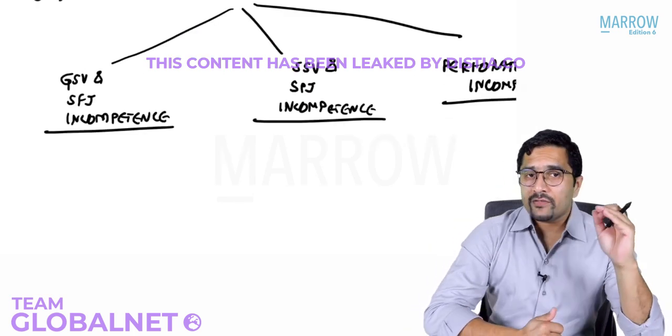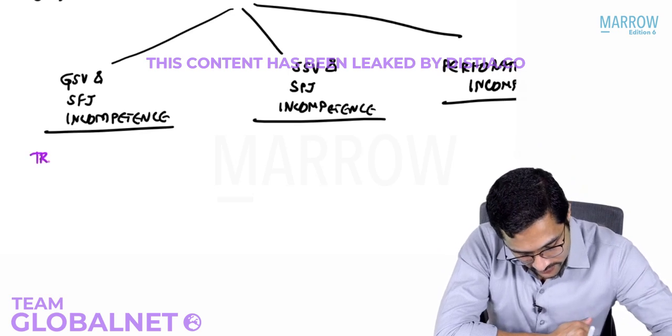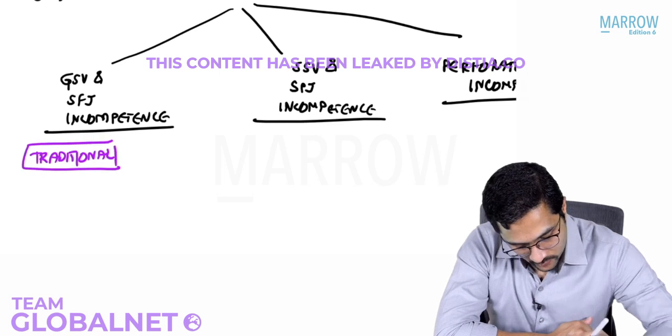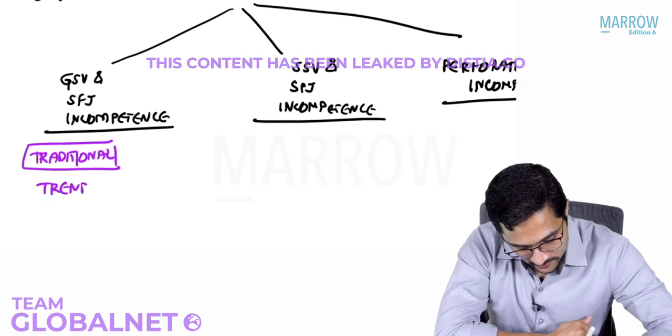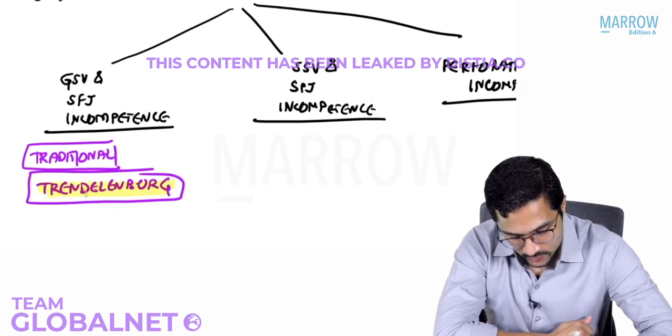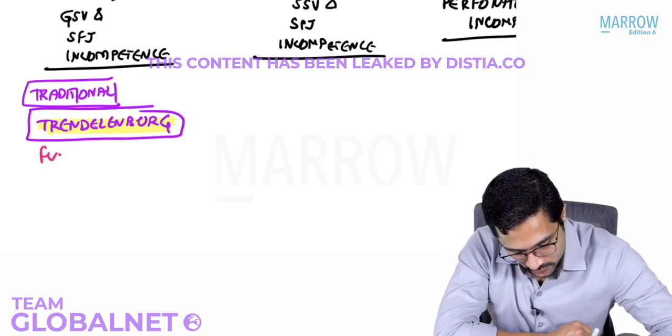Now, great saphenous vein and saphenofemoral junction incompetence, the traditional surgery which was done in this setting was the Trendelenburg's procedure. Now, what is the Trendelenburg's procedure? Trendelenburg's procedure is just flush ligation of the saphenofemoral junction.